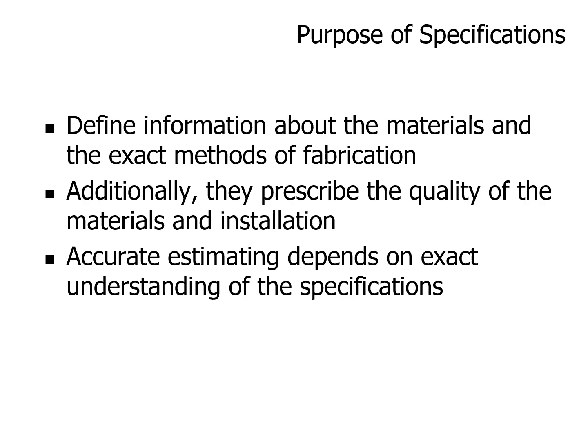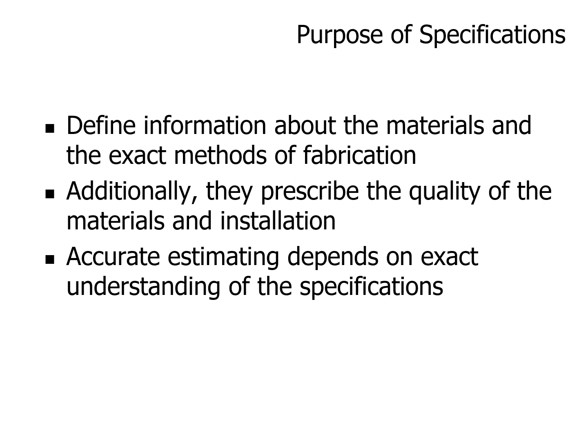Now we have the specifications. None of us like to read them, but we have to, and we have to read them slowly and thoroughly, because remember, if it changes in the specifications, it's going to change on the plans. So the purpose of specifications: they define information about materials and the exact methods of fabrication.